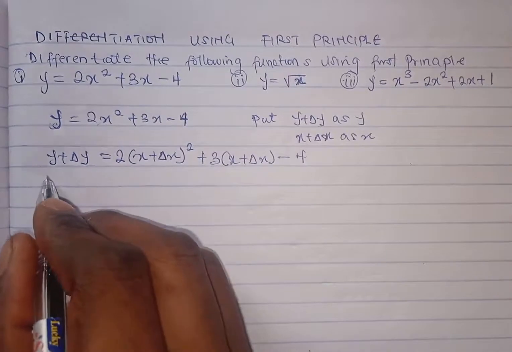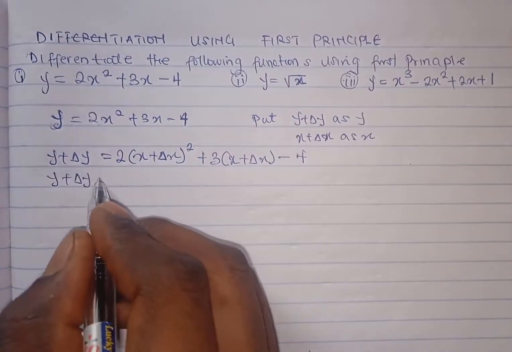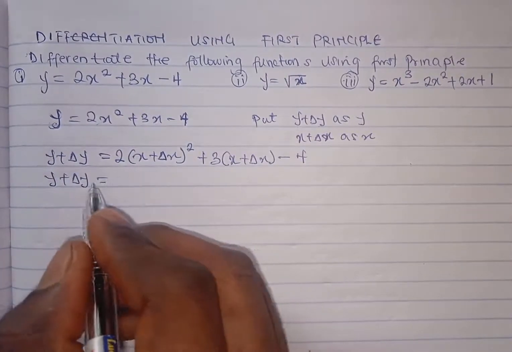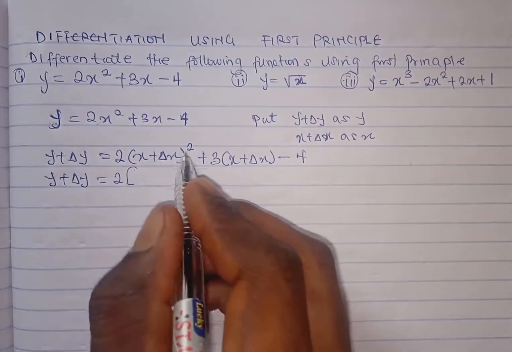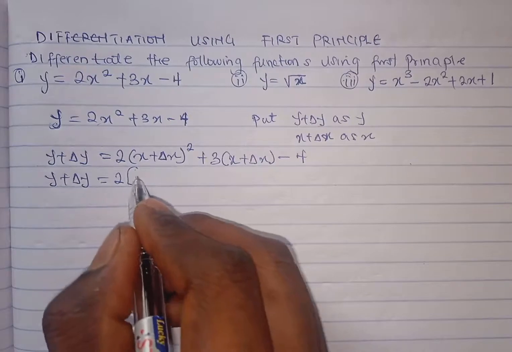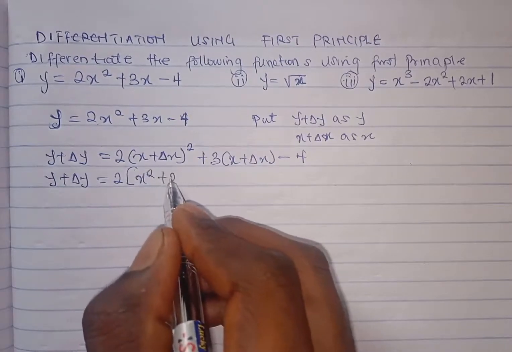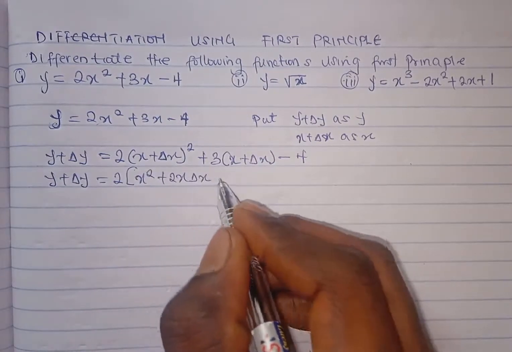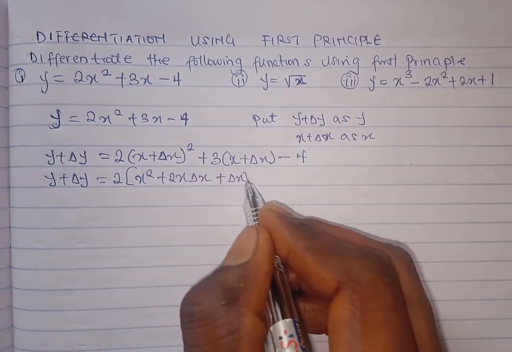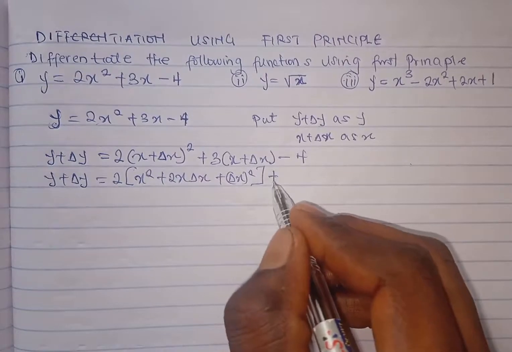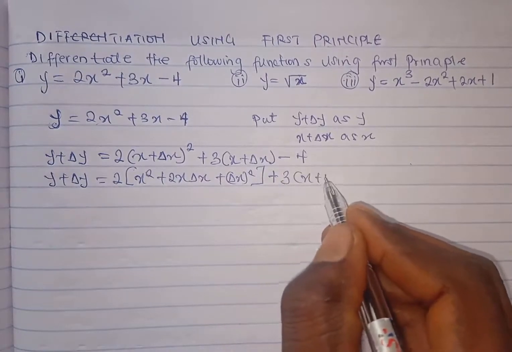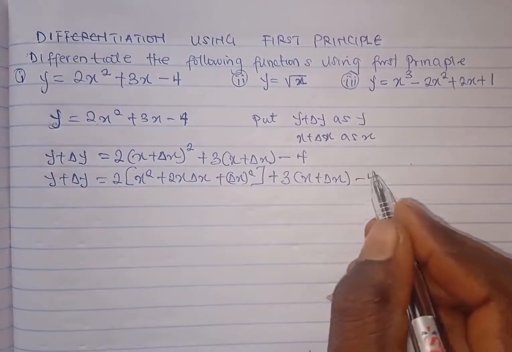The next thing you do is open the bracket if necessary. So it's going to be 2 into x squared plus 2x change in x plus change in x squared, then plus 3 into x plus change in x, minus 4.